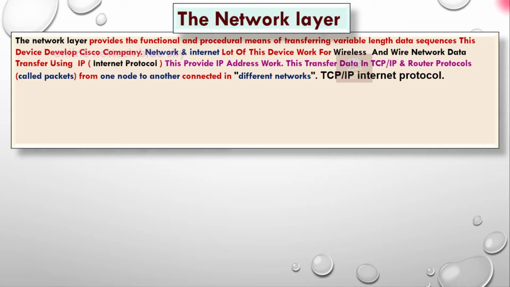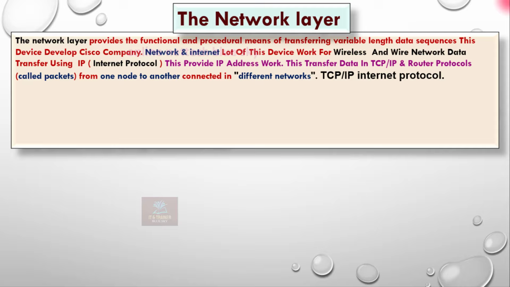So one connects to a different network, meaning from your local area network to the internet. Your company network is called an intranet, and when you connect to the internet, meaning outside, it is called the internet. So TCP/IP, internet protocol.